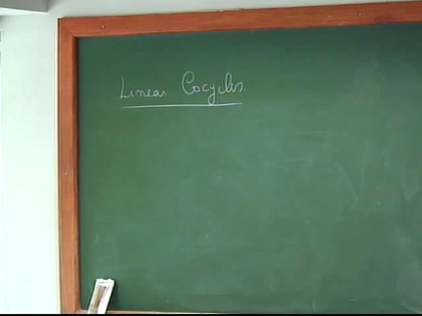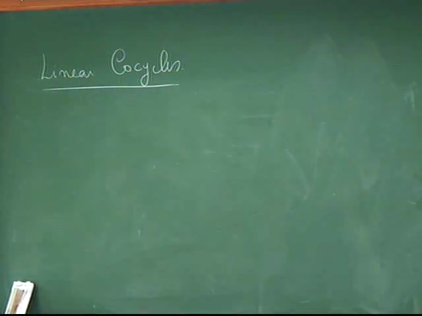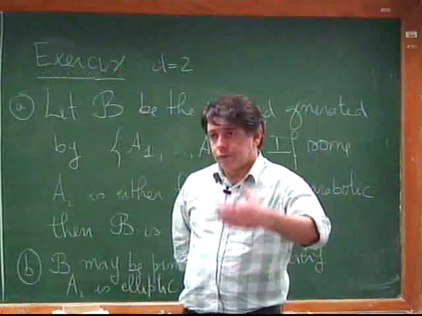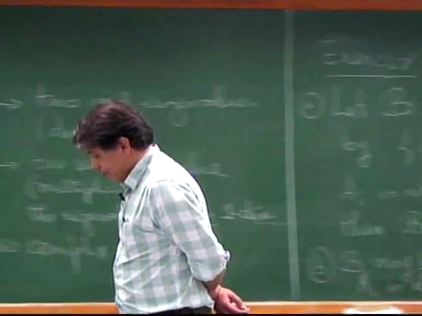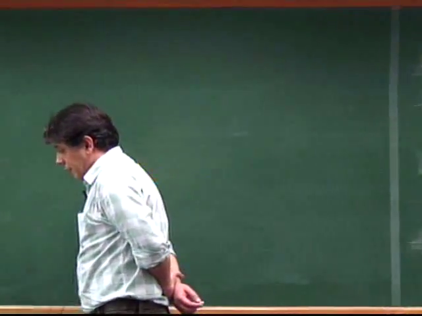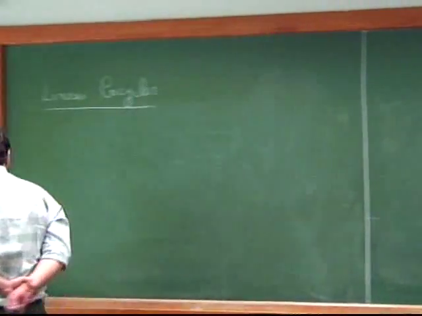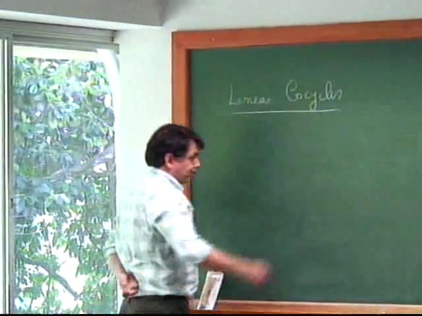And I want to explain both that this includes the setting that I introduced yesterday, the setting of random products of matrices, but it includes other situations which can be treated together in many respects.